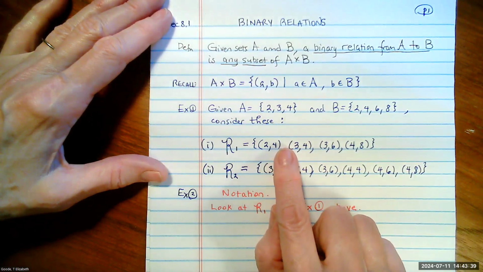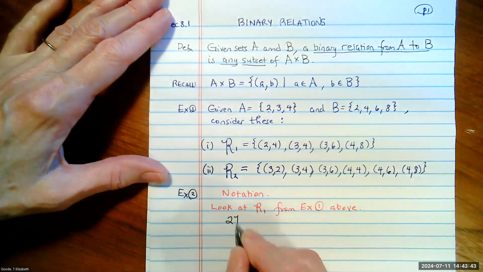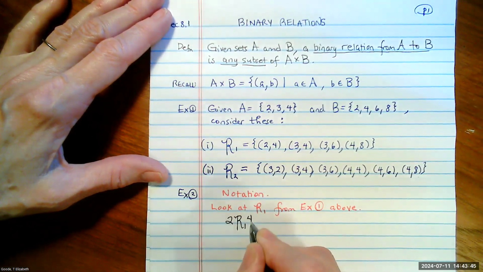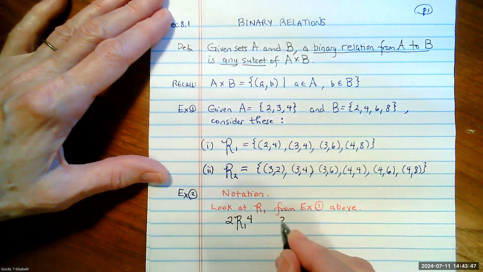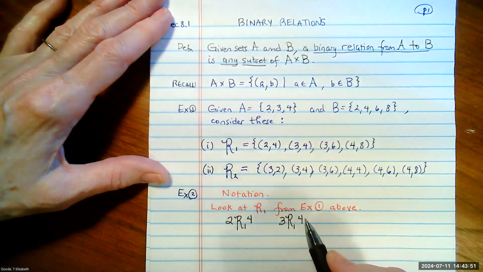Well, we could write that as follows. We could say 2 is R1 to 4. 3 is also R1 to 4, or we might just say 3 is related to 4.